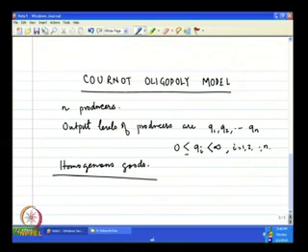Now, suppose capital Q is the summation of all these output levels produced by all the producers. So, producer 1 is producing Q1 amount of output. Q1 might be 30, and Q2 is the output produced by producer 2.